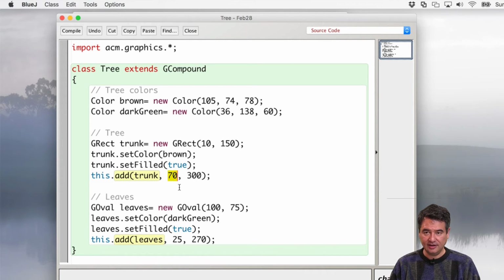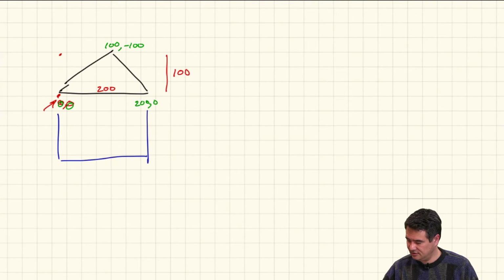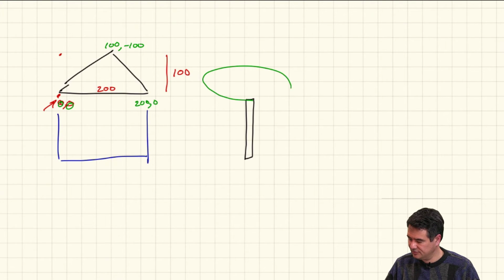And again, I get to choose where my 0, 0 point is in relation for the tree. So let's switch back over to this again, and let's draw our tree. So here's the trunk of it, and there's the leaves, and I'm going to choose my 0, 0 point to be there.